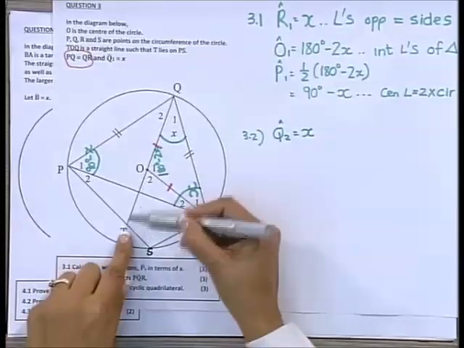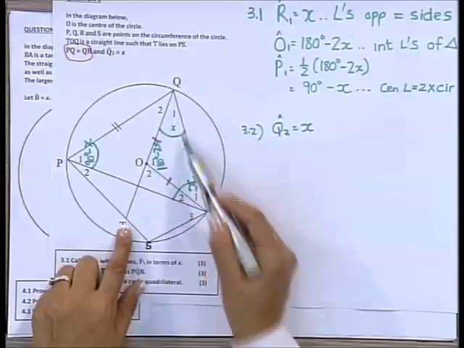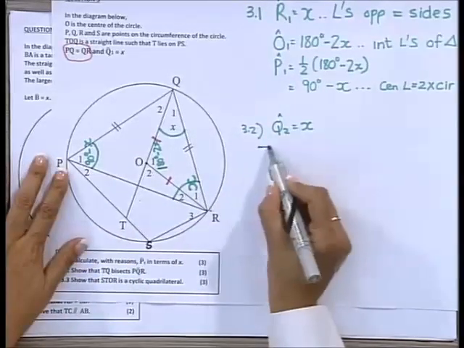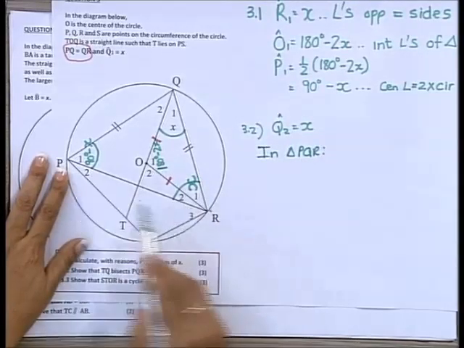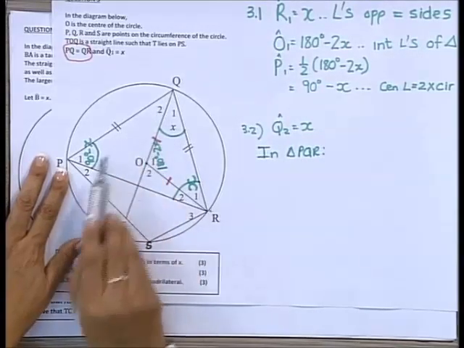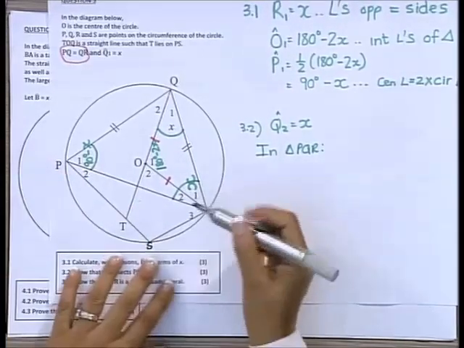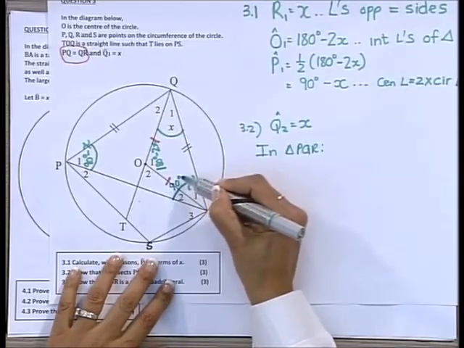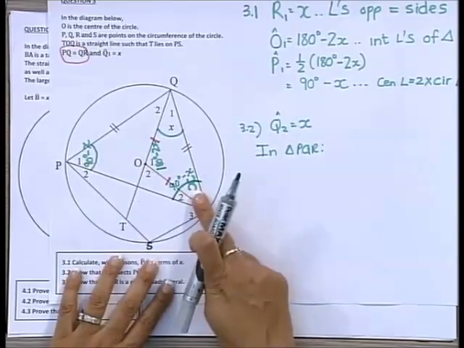Because if you can show that, you know TQ bisects. All I did, I used the interior angles of a triangle. Can you see that in triangle PQR, you have all your angles except for this one. You have this one, which is 90 degrees minus x. What's the size of this one, matrix? Also 90 degrees minus x, because we said they are equal. Do you remember?